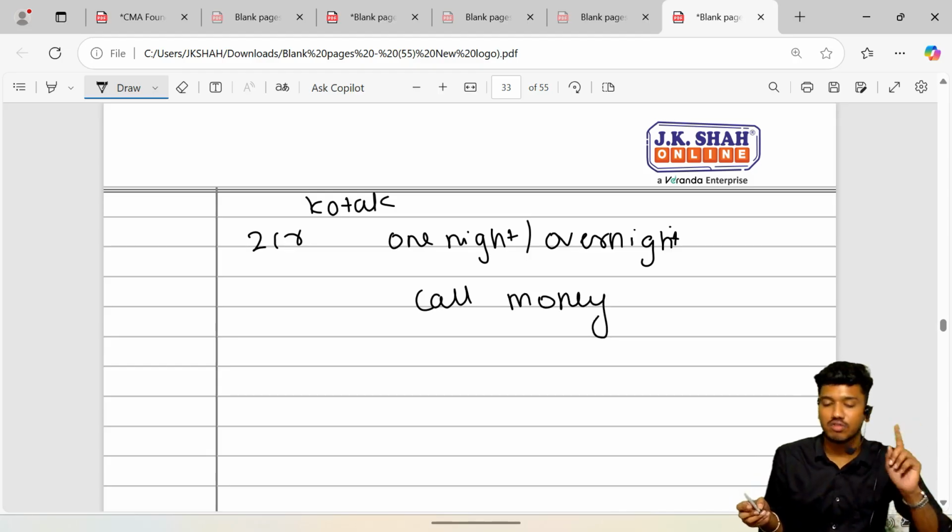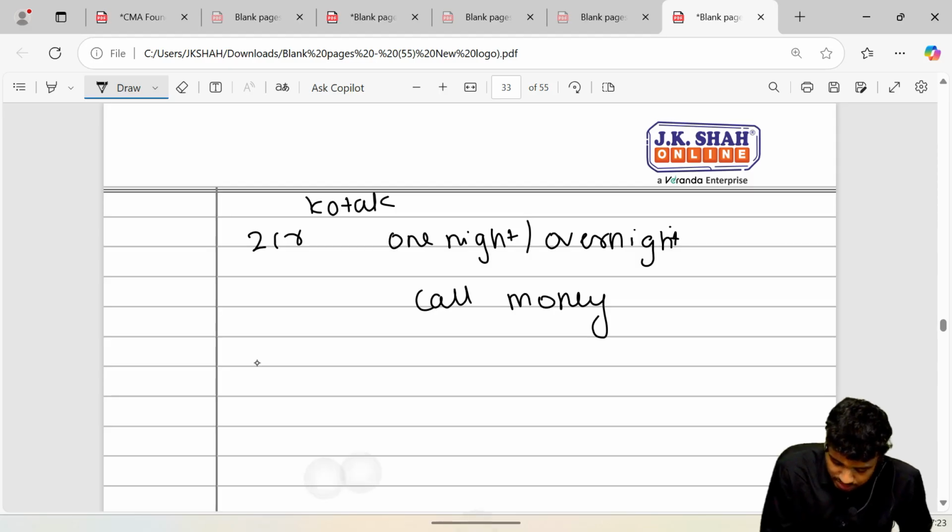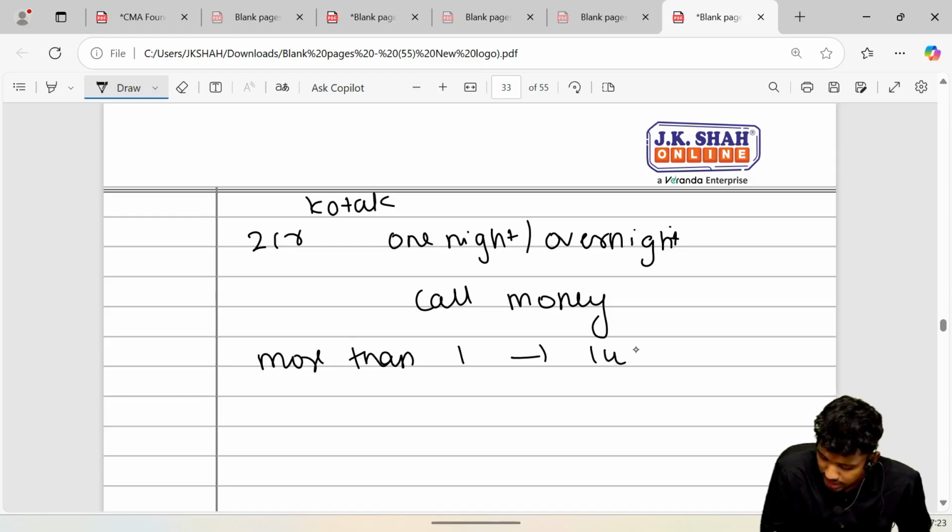If it is for one night, it is call money, and if it is for more than one day but up to 14 days, it is called notice money market.